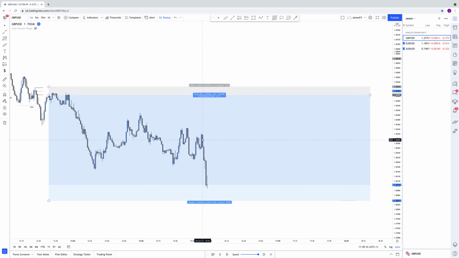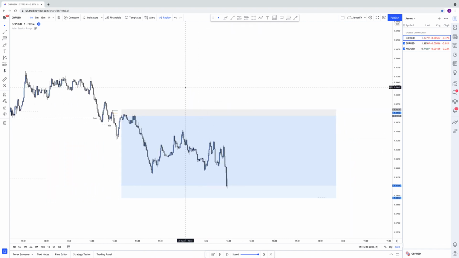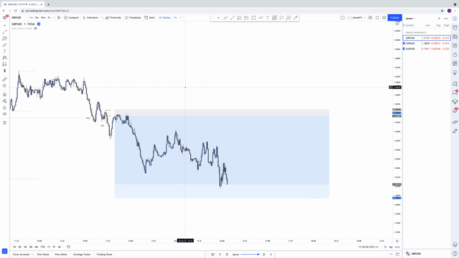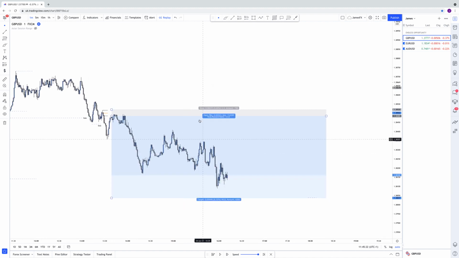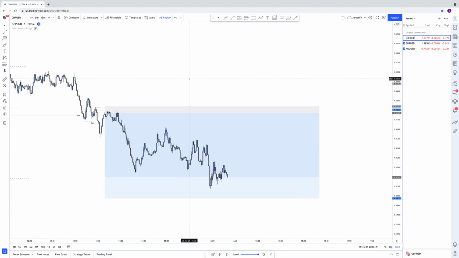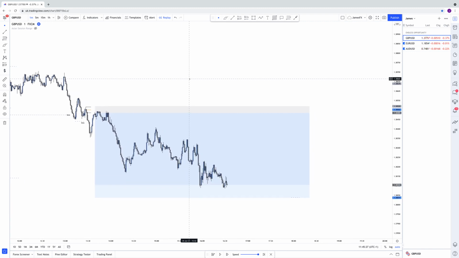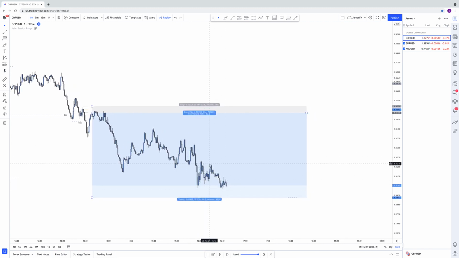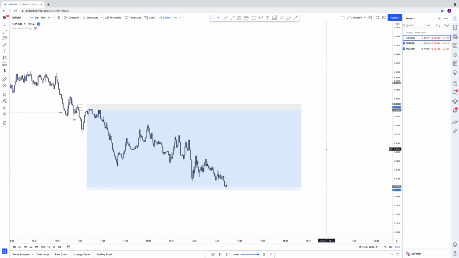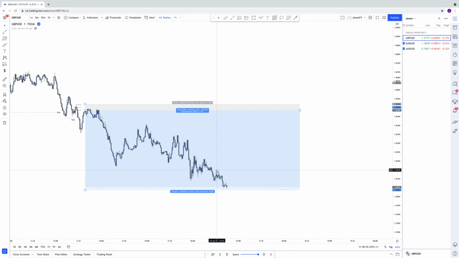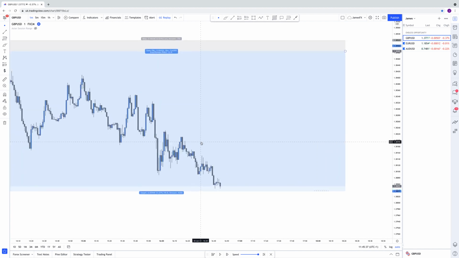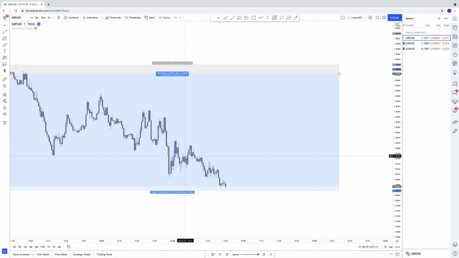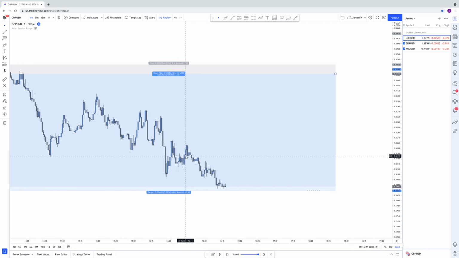Looking to see if price will come into that area, and it fell just short of it. Then we put in a new lower low here, and I've moved to that lower high, and again I've moved to that lower high. So basically just following the structure and the most recent lower highs.